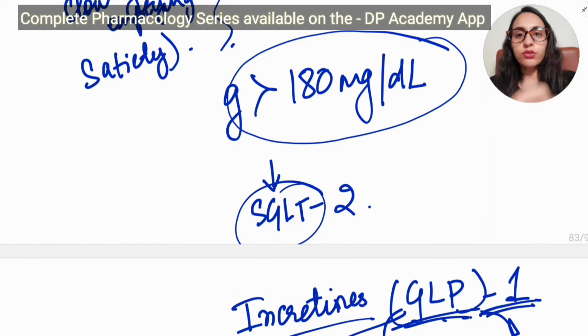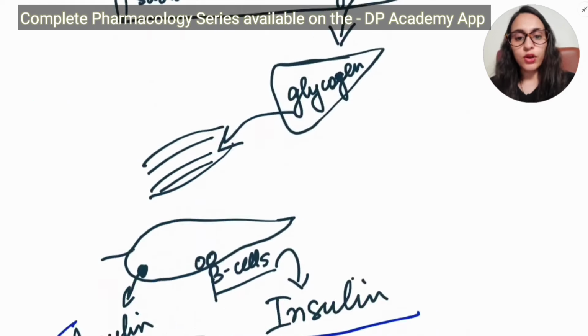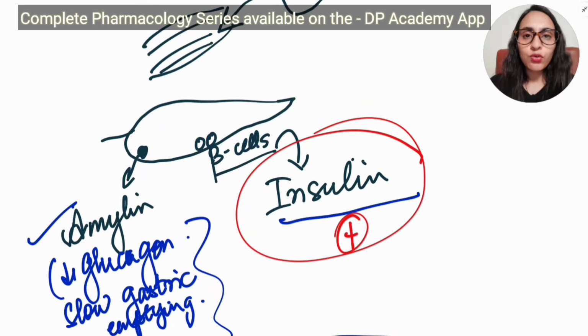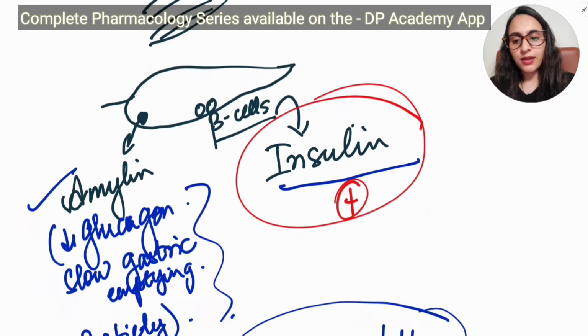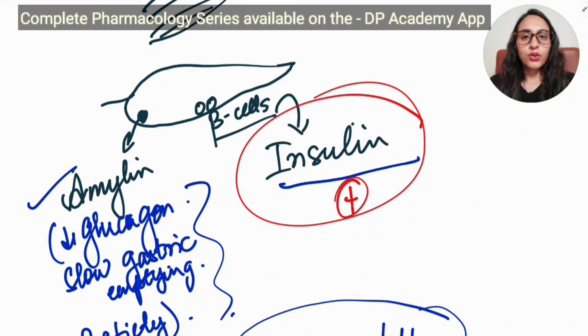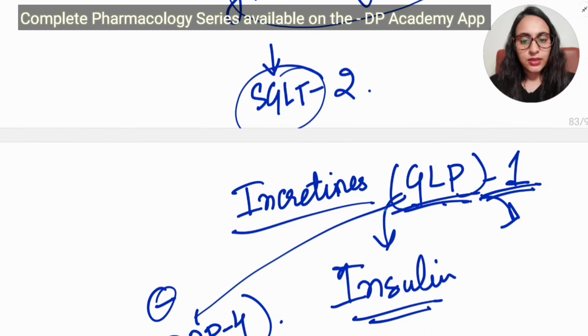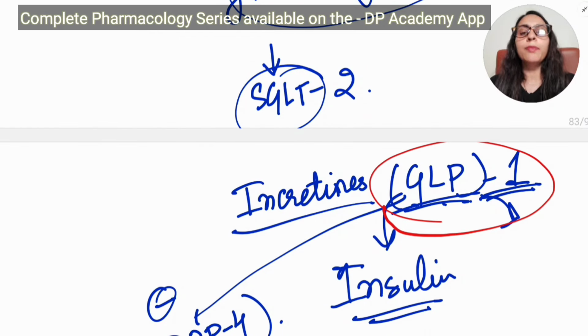The ways to control diabetes are, first of all, you can directly give insulin to the patient, which will decrease the glucose in the blood. You can give drugs that stimulate the amylin receptors, like pramlintide, or you can give GLP-1 receptor agonists.